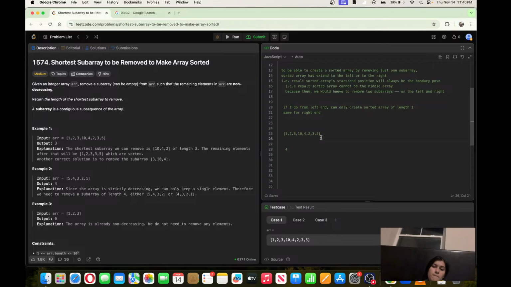So how will I know, is it like dynamic programming or something? Because do I have to find all the solutions? That is a brute force solution, you know. I know that, okay, 1 2 3 10, I can look at all the other numbers to see if I find a number that is greater than 10.